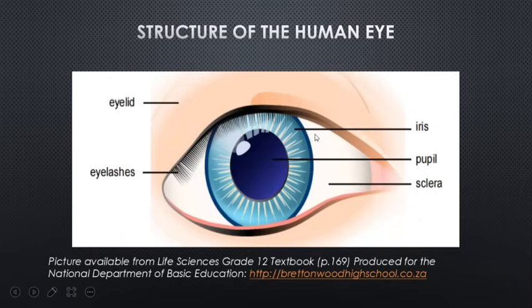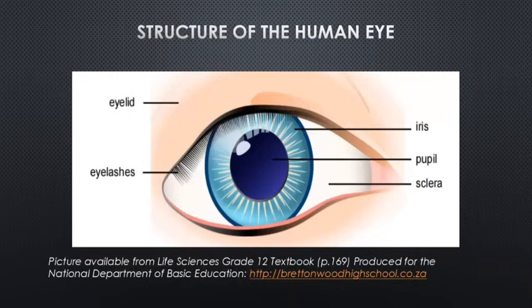So this blue part is what we call the iris. And then at the center of the eye, there's a small opening, which we call the pupil.